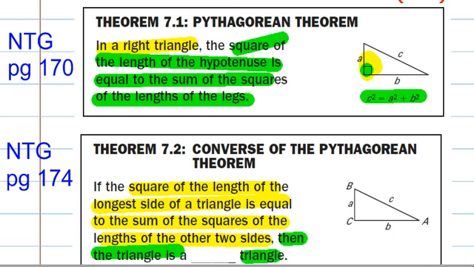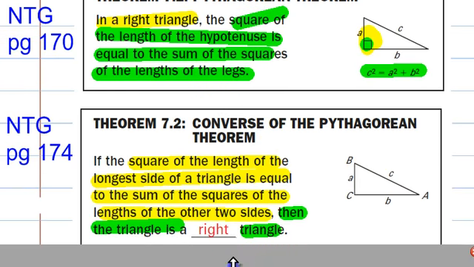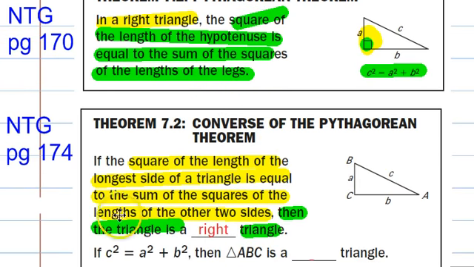So in order for us to say that we have a right triangle, if we don't know the angle measurements, if we can show that the square of the length of the longest side is equal to the sum of the squares of the other two sides, then we can say we have a right triangle. So that is what the converse of the Pythagorean theorem says. In other words, if you have c squared is equal to a squared plus b squared, then you can say the triangle is a right triangle.